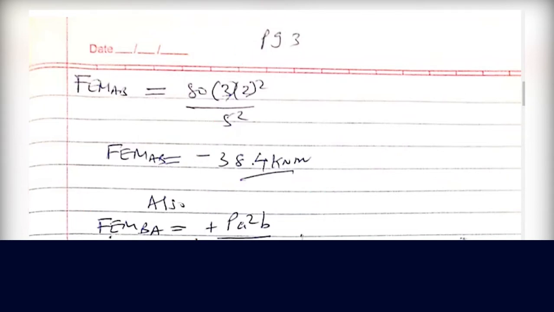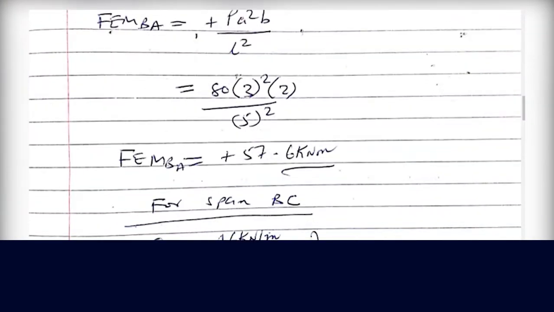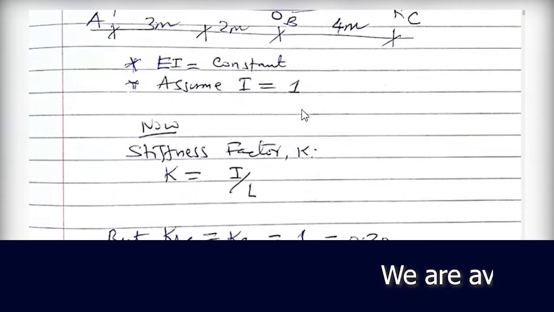Upon substitution, you get the same value, but positive, which is about positive 57.6 kilonewton meter. And now this will be the consideration for the fixed member.